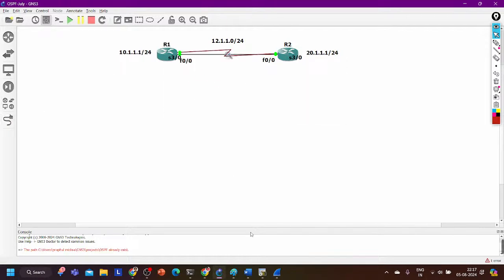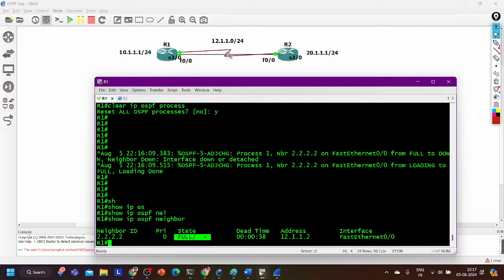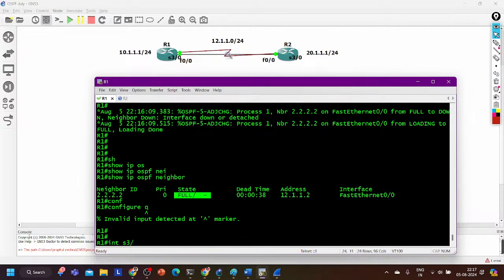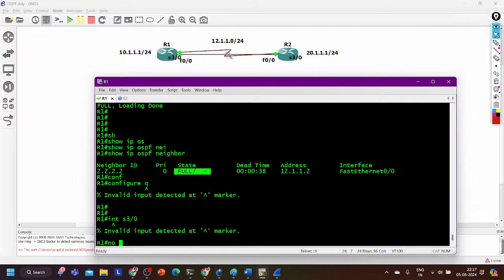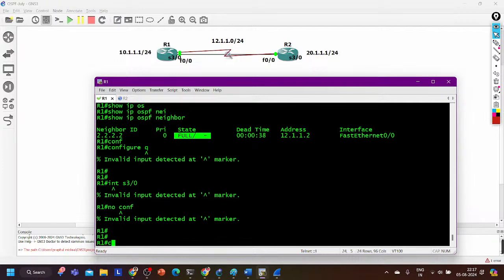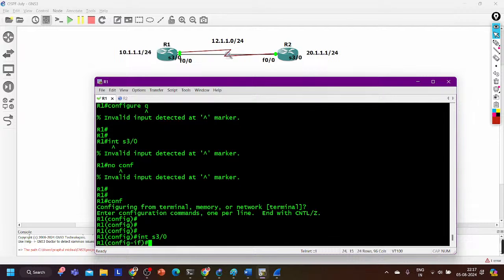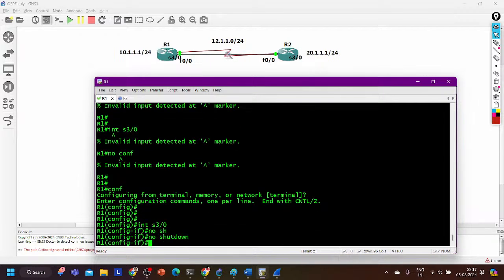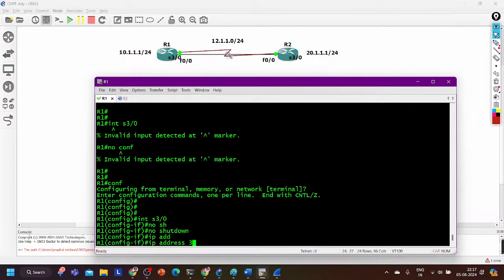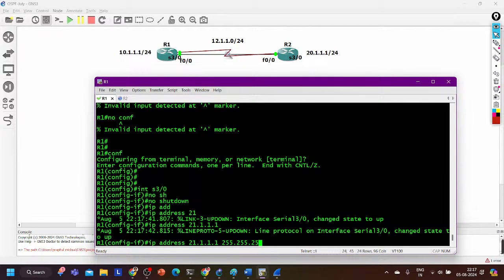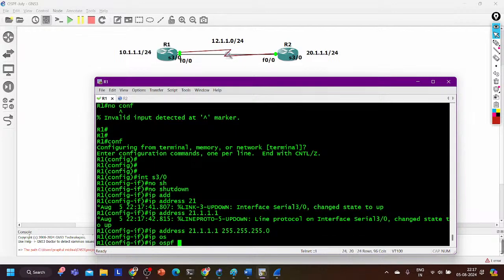3/0, and on 3/0 also I'm going to configure one IP. Let's say on router 1, interface serial 3/0, say no shut, and IP address 21.1.1.1 255.255.255.0, say IP OSPF 1 area 0.